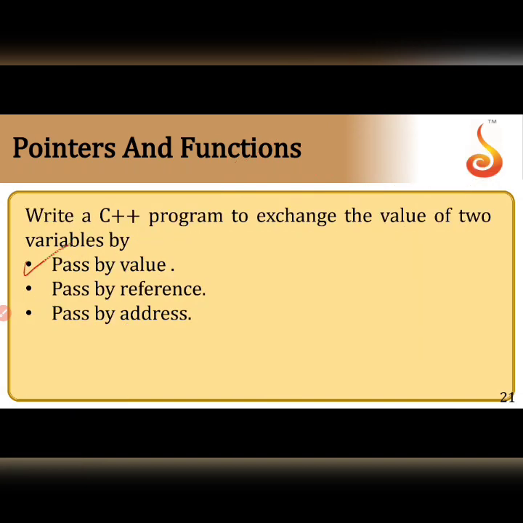So we did this yesterday, now let me do this program, that is a C++ program to exchange the value of two variables by pass by address mechanism. Please make a note of the statement here: a C++ program to exchange the value of two variables by pass by address mechanism.